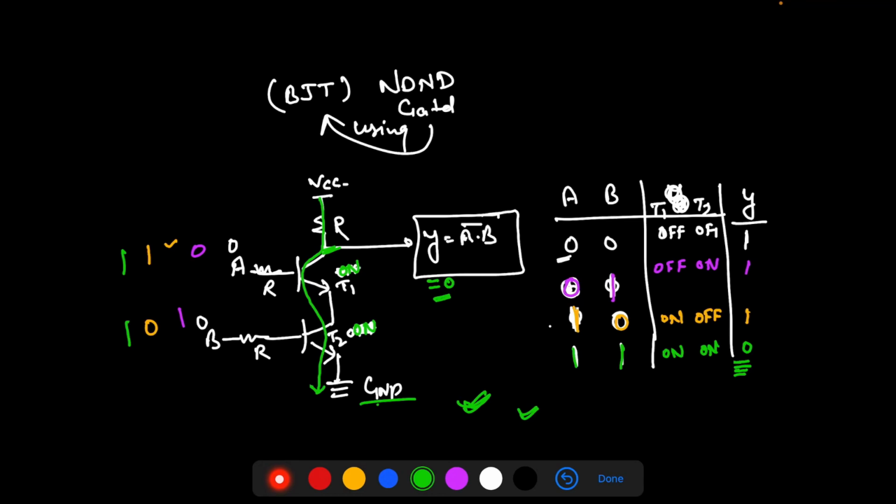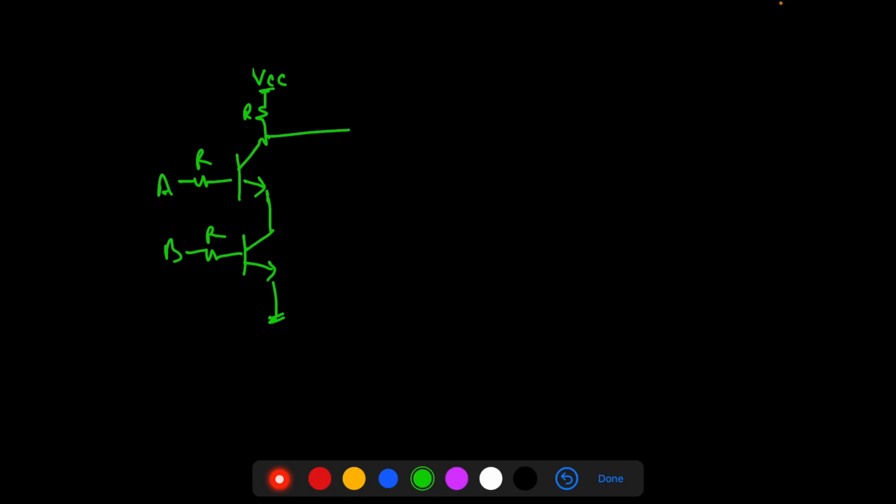Okay, if you want to find the AND gate using NAND gate, then what will you do? We know this is our A, B, this is our voltage supply, resistance R. Here it is Y equal to AB bar.